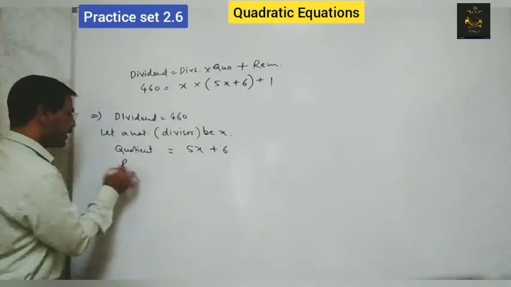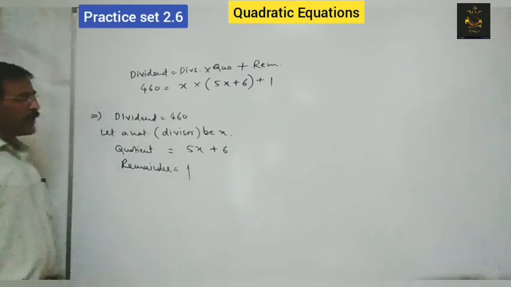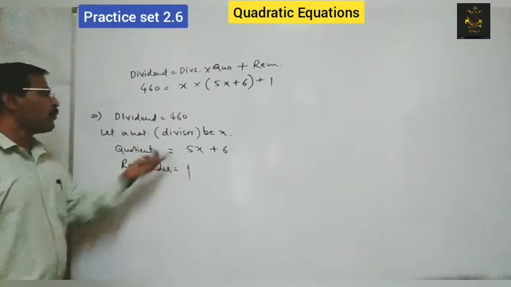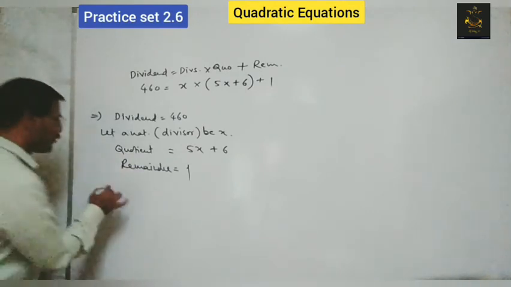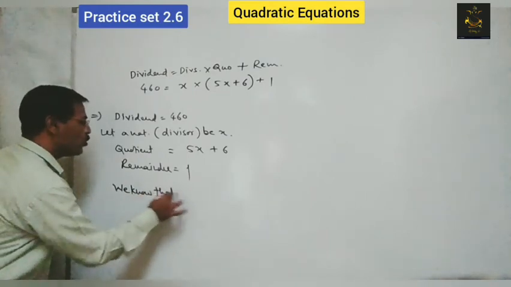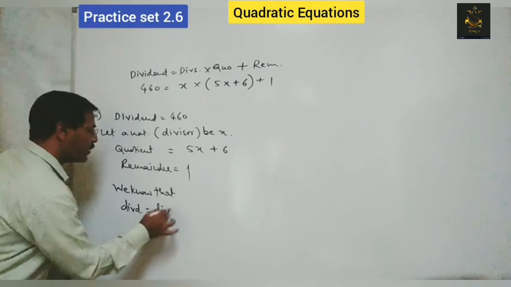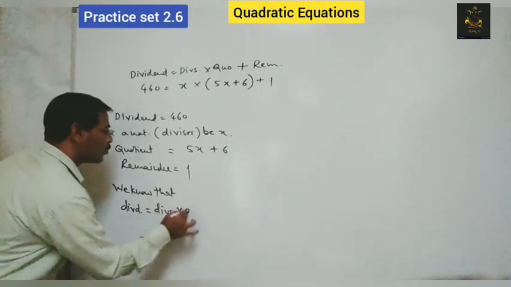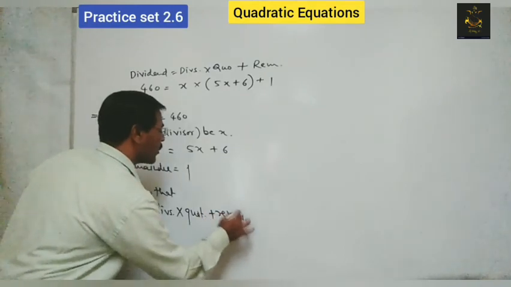And the remainder is what? 1. From all that information we are going to find the divisor and quotient, which is very, very simple. As we know, dividend is equal to divisor into quotient plus remainder.